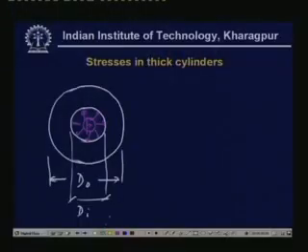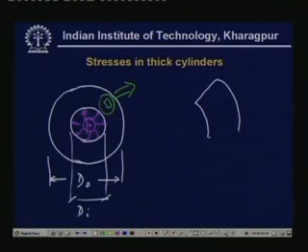In order to find out the stresses, let us look at what the forces acting on a small element are. Now if you zoom in on this small element, then we see that it looks like this, where this angle is, let us say, delta theta, which is very small, and this radius is r and this is delta r.